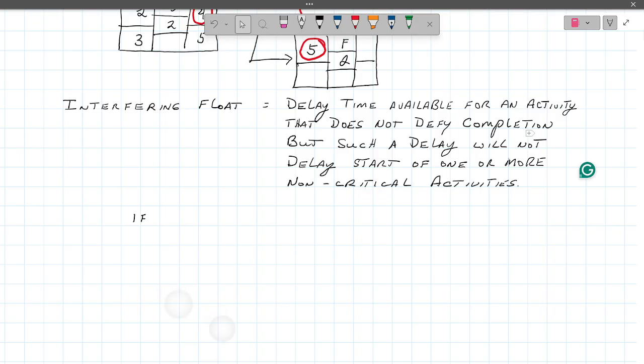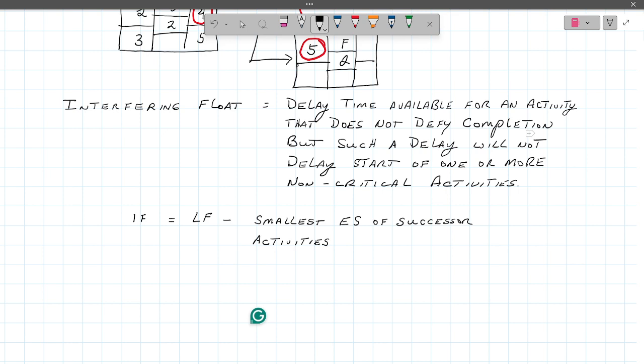And its abbreviation is IF equals late finish minus... okay.